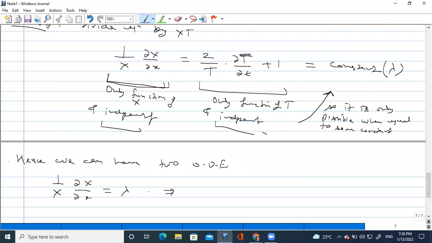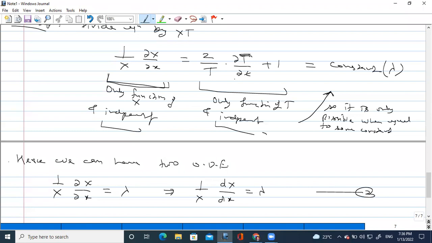Now one more thing I want to tell you: if in the equation only one independent variable is there, it means it is an ODE, and in an ODE this symbol will be changed, so this will be directly d. So I can write 1 by X dX by dx is equal to lambda. Okay, so here this is my equation number 2.